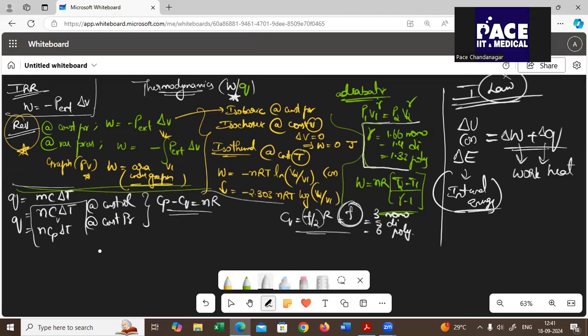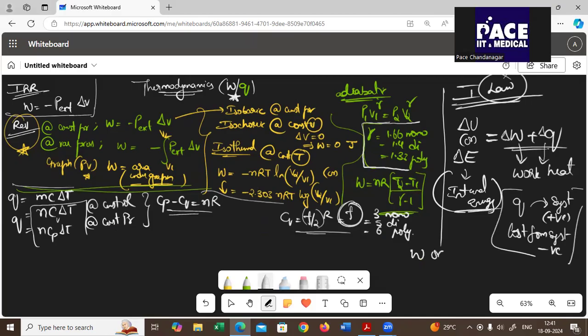Now, what do we take about the sign conventions? Heat given to the system is taken as positive. Heat lost from the system is taken as negative. Okay, these are the sign conventions. And work done on the system is taken as positive. Work done by the system is taken as negative. In physics, your sign conventions change.